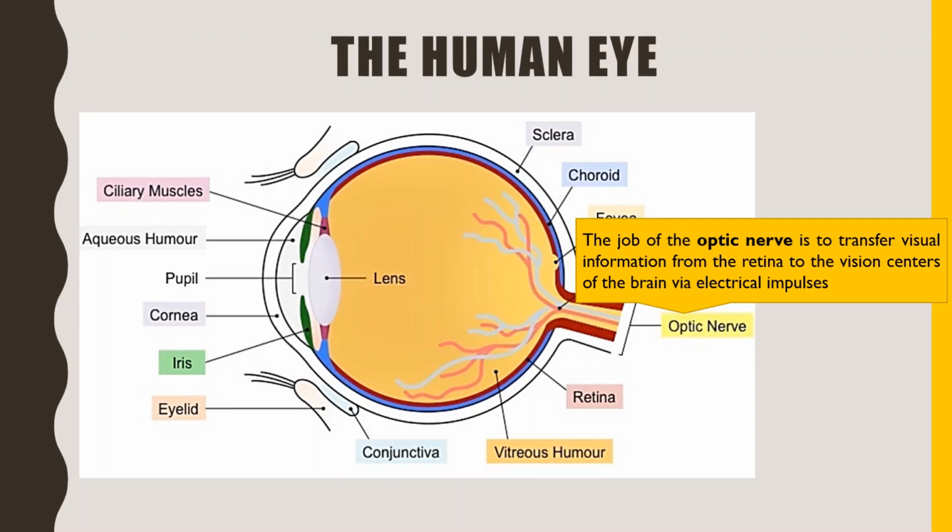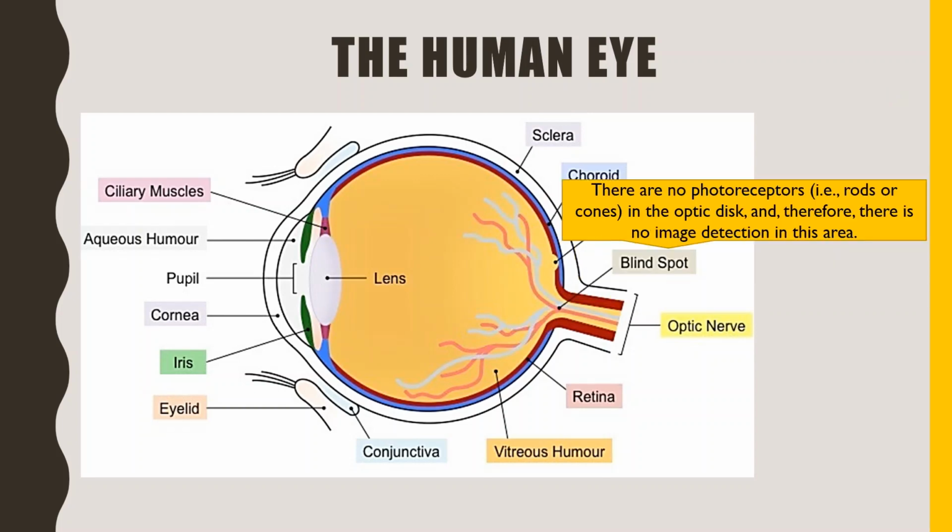All that decision is taken by the brain. The brain is a masterpiece which interprets that. As the image is real and inverted, the brain inverts the image, and then you get to see the exact image as it is supposed to look. So that is the function of the optic nerves.